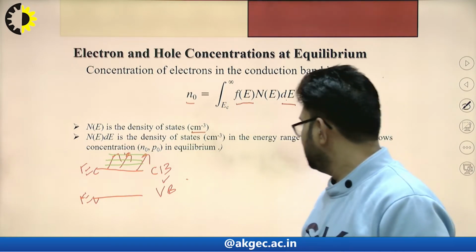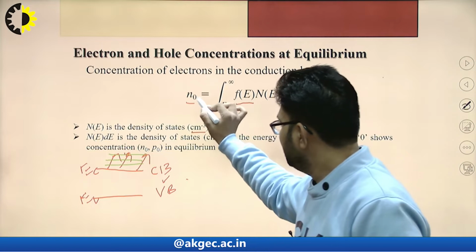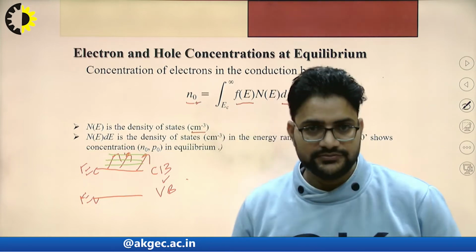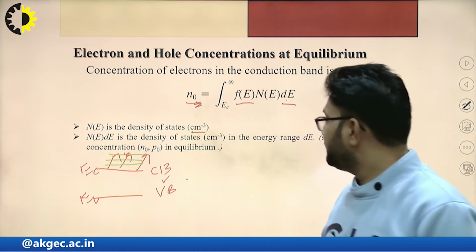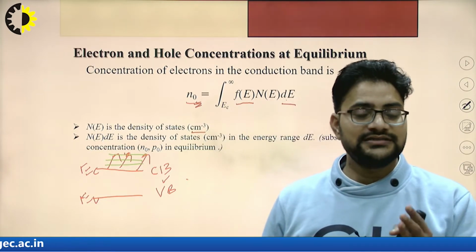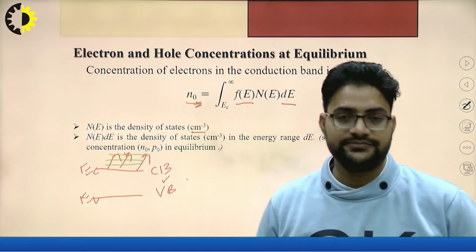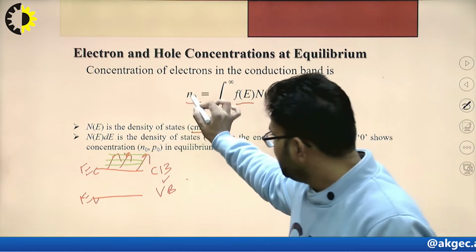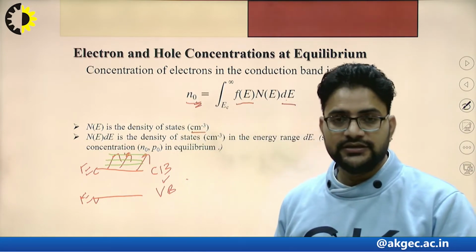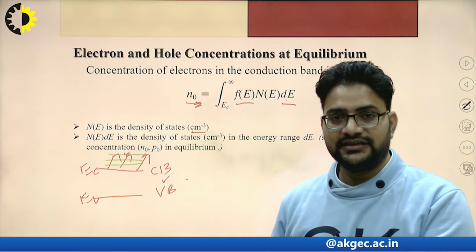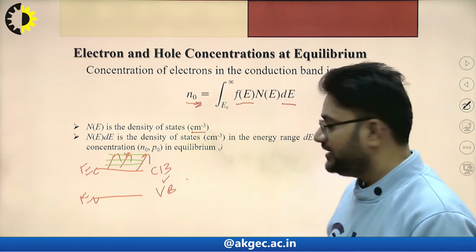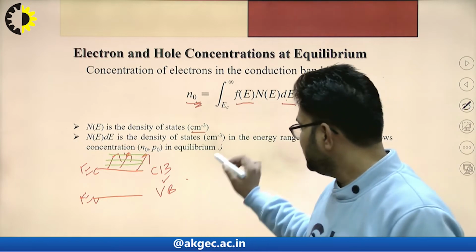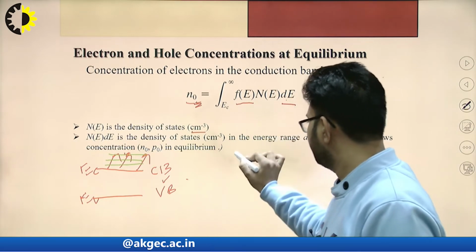Here the subscript naught represents the concentration in the equilibrium state. So N naught is the electron concentration at the equilibrium state. If I talk about the hole concentration at the equilibrium state, it is given by P naught.